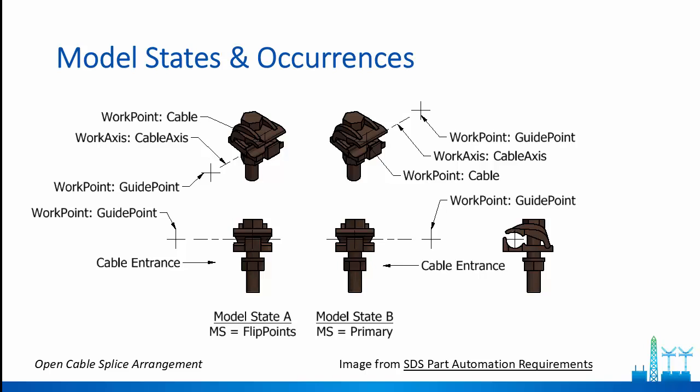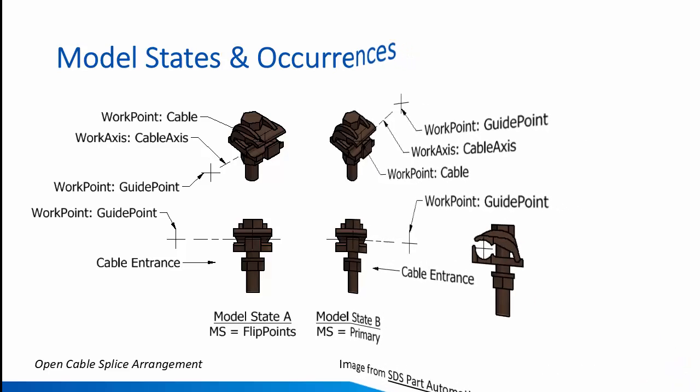You might want to come in from the top right down, or you might have an orientation where you're coming more from the left, so you can use that right into that part. This is a direct screenshot from the document SDS part automation requirements.